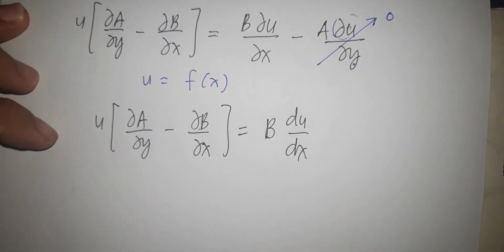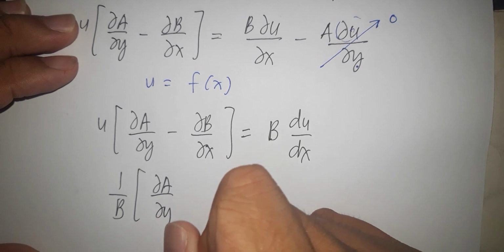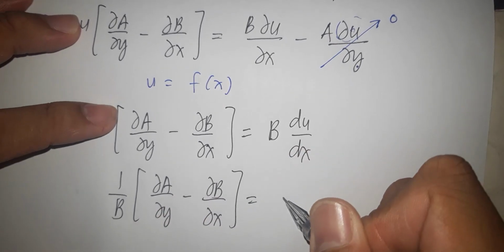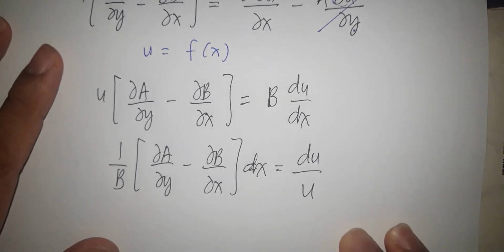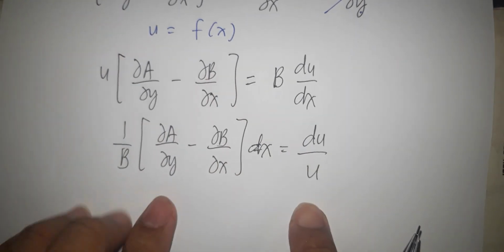Then, cross-multiplying gives 1 over B, partial derivative of A with respect to y, minus partial derivative of B with respect to x, multiplied by dx is equal to du over u. So, cross multiply si dx, cross multiply si u, magiging ganito na siya.